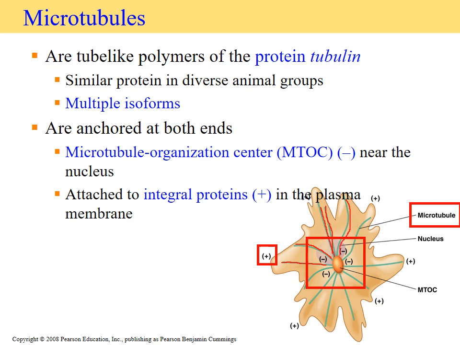The way it's going to work is that it's mostly composed of this protein called tubulin, hence the name microtubules. They come in different isoforms depending on what cells we're looking at and what their overall function will be, but all of them will be located within the cytoplasmic content. And what we see happening is almost like the spokes on a bike wheel. They will radiate out from the center and connect with the plasma membrane.